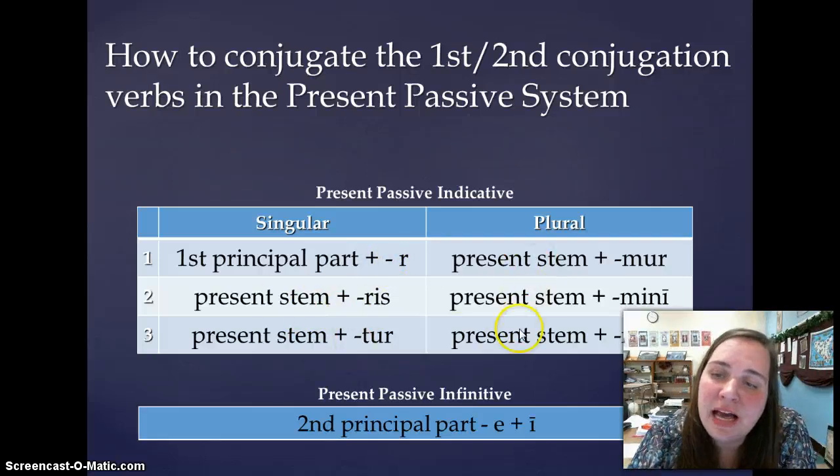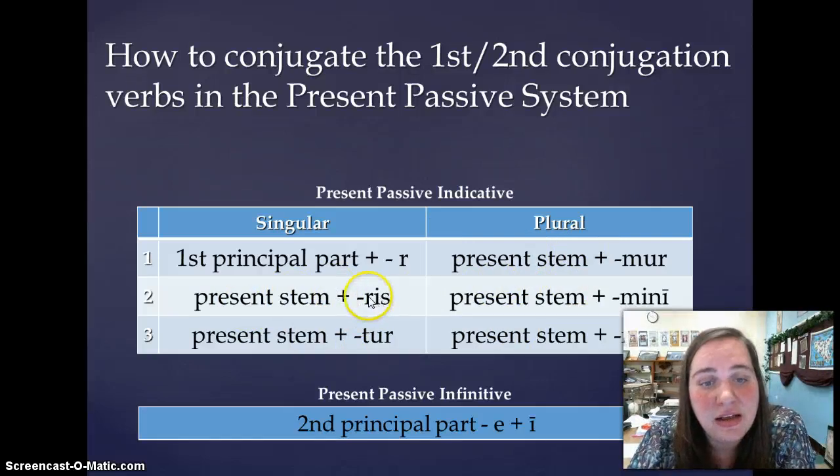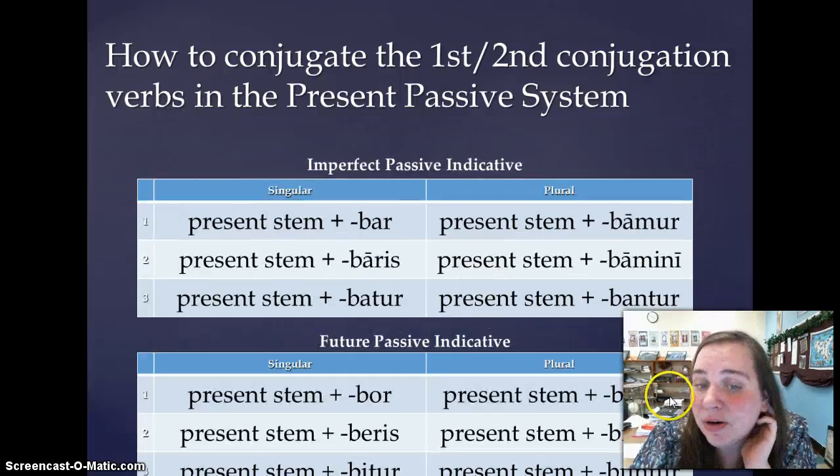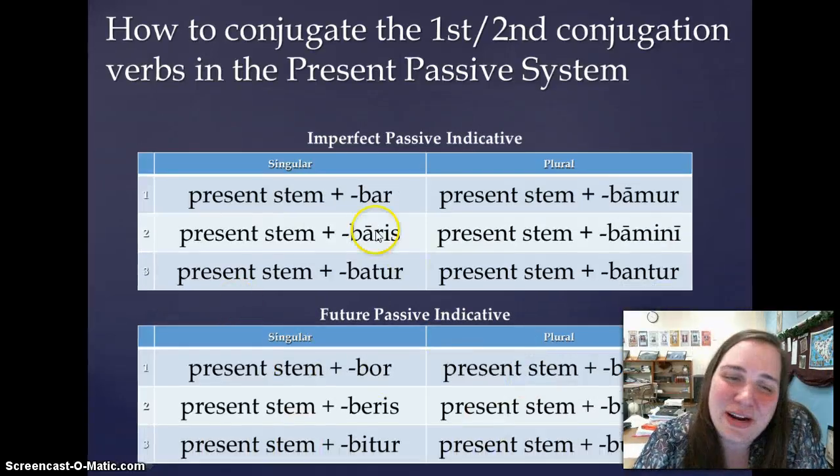The rest of the present passive is going to use the present stem plus the passive endings, and those are ris, tur, mur, mini, ntur, okay? And then our present passive infinitive, second principal part, you remove the final E, and then you add a long I. For imperfect and future passive, sorry, I did a little reconfiguring.